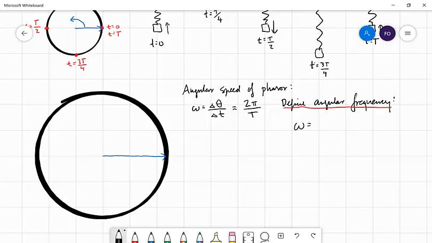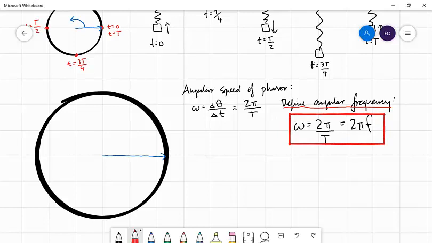Omega is equal to 2 pi over the period, which is the same thing as 2 pi times the frequency, because frequency is just 1 over T, and so we can replace 1 over T with f. So this is an important definition, so this is worth highlighting in our notes.